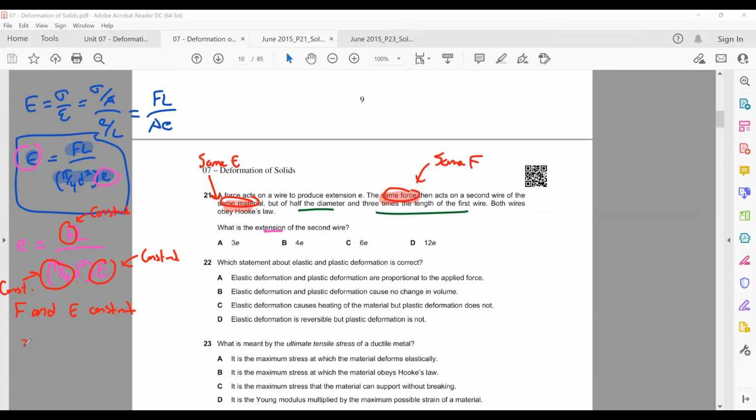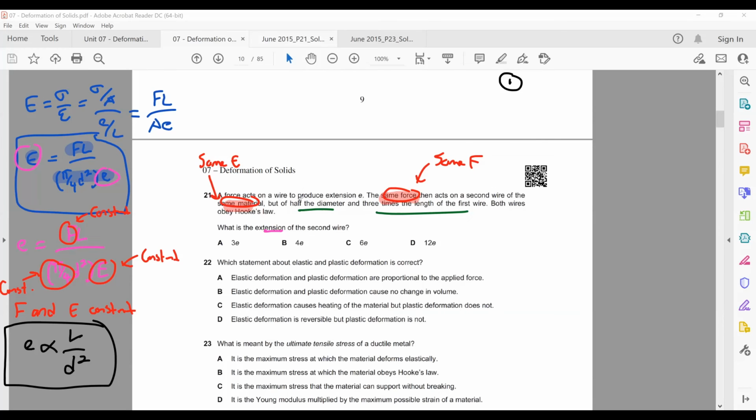That will mean that E is proportional to L over D squared. So this is the new relation you have: E is proportional to L over D squared. Now you have two different ways of doing this, and I'll show you the two different ways.